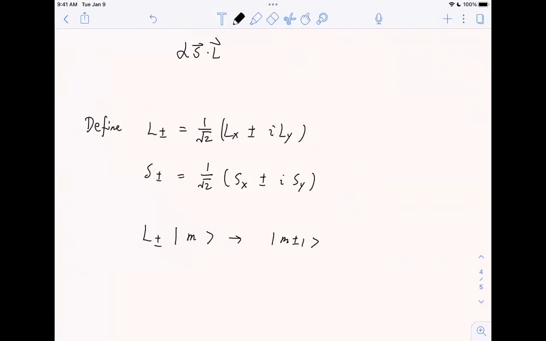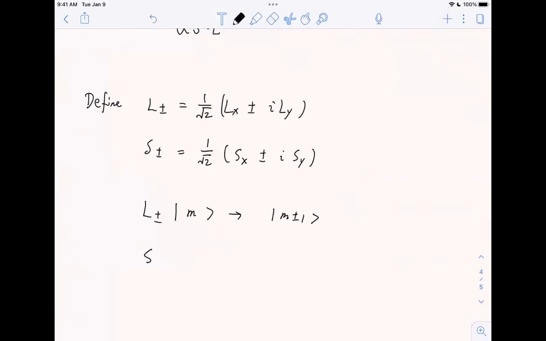Of course, there's a normalization factor. The same for this one. For the spin z, you get spin z plus or minus 1. Okay, so this is the raising and lowering operator.